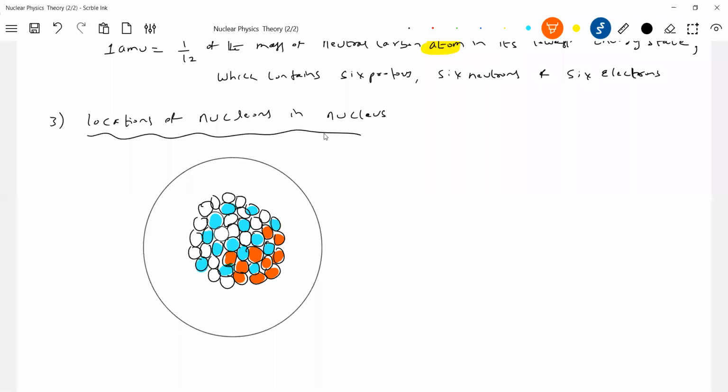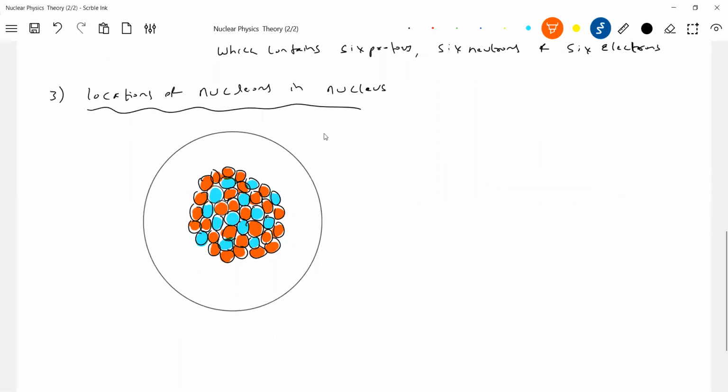There is no rule like protons being in the inner layer and neutrons in the outer layer. We can put it like this. So what is the nucleus? It's made up of a cluster of nucleons.